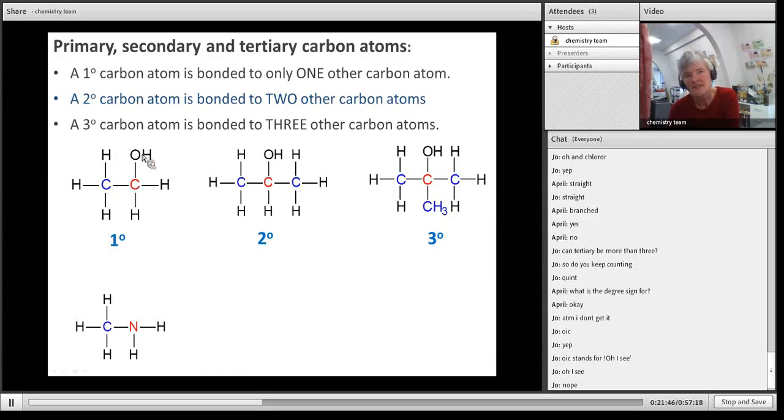Now, the ones you're going to be coming across as primary, secondary, tertiary functional groups will be the haloalkanes and the alcohols, and then the amines. Now, how many bonds can a chlorine form?